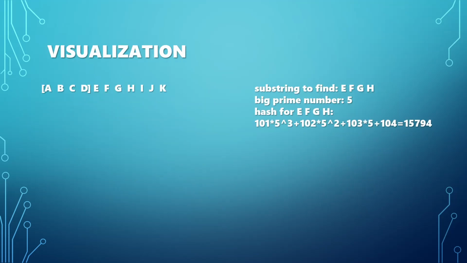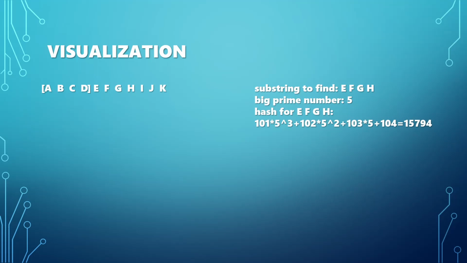And here's some visualization of this algorithm. For example, we have the string a, b, c, d, e, f, g, h, i, j, k. And the substring we need to find is e, f, g, h. We choose a big prime number. Let it be 5. Not so big, but still prime and still good for this data.